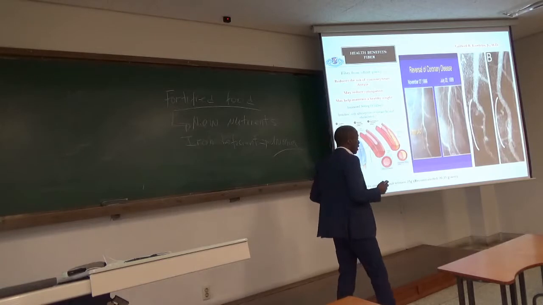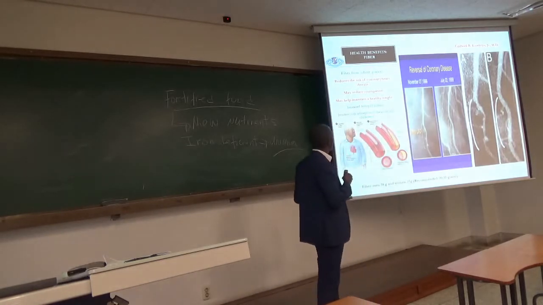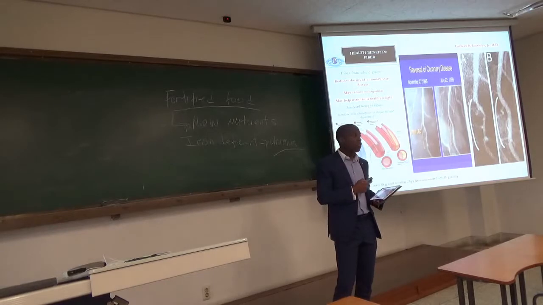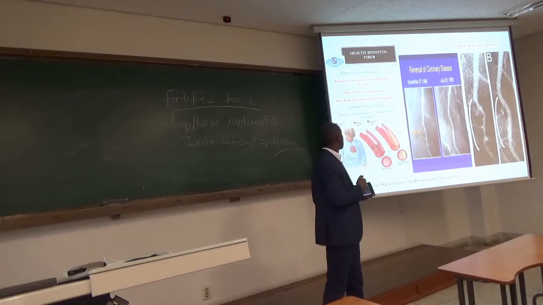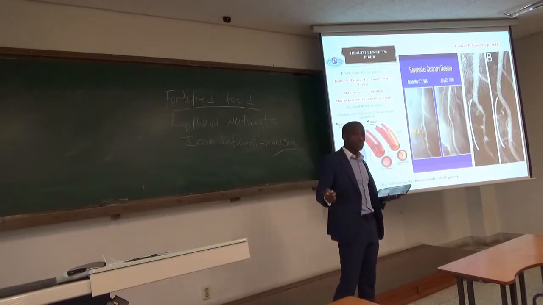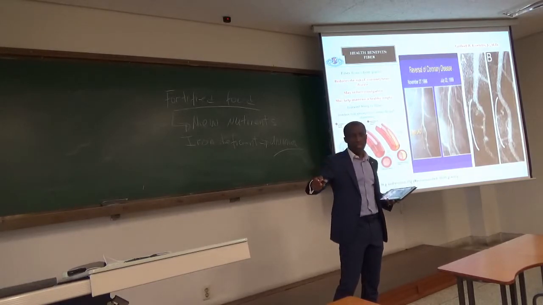I would like you to look at this picture carefully, because what I put here is fibers from the whole grain will reduce the risk of coronary heart disease, okay? The importance of having a lot of fibers in our diet. They may reduce constipation, and they may also help you maintain a healthy weight, right? When you look at coronary heart disease, a lot of people had to go through surgery, right?